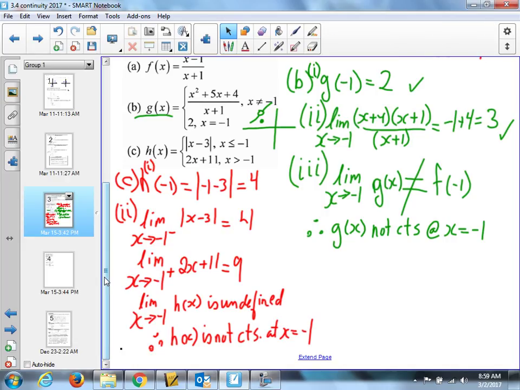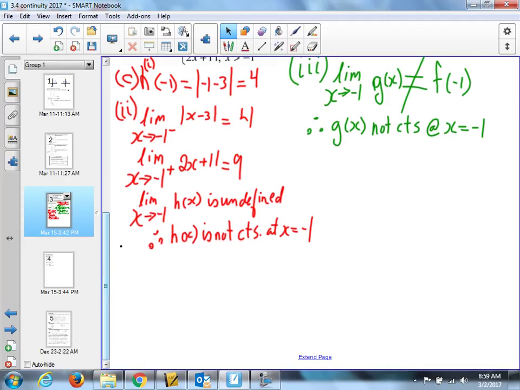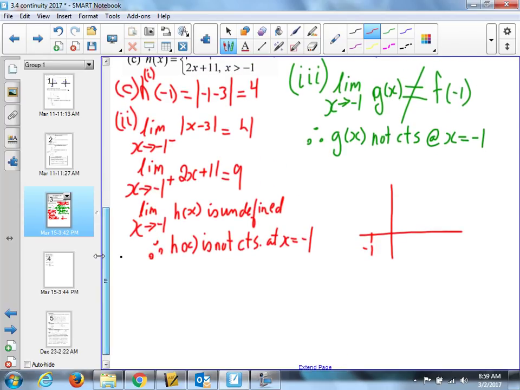Okay? How would that look as a picture? And that portion as a picture here, 4 and 9, I'm only focusing on the -1 portion here. Well, from the left, and it was inclusive, wasn't it? Yeah.